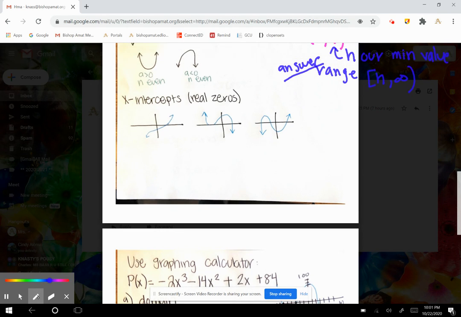So here it hits once, so you would have one solution. Here it hits twice, so two solutions. And here it hits 3 times, so that's 3 solutions.